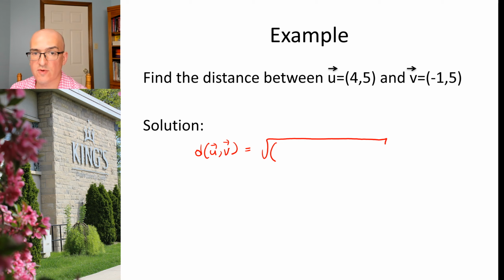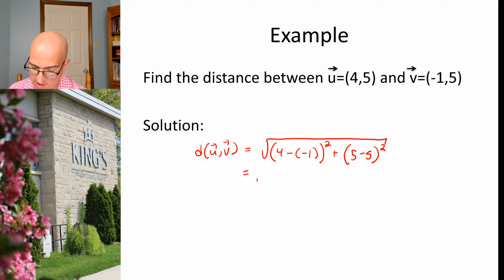So I'm going to do the first one minus the second one, even though the formula said second minus first. If you want to do it the other way, you can. It won't make any difference in our final answer. So x component minus x component, all squared. We're subtracting a negative, so we're going to have to be careful with that. Plus y component minus y component, 5 minus 5, all squared.